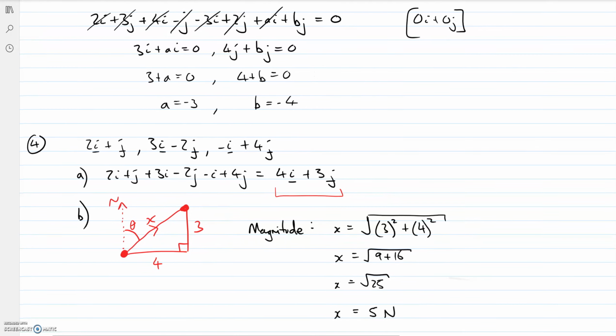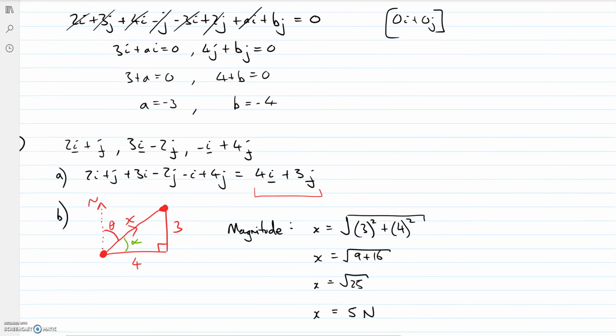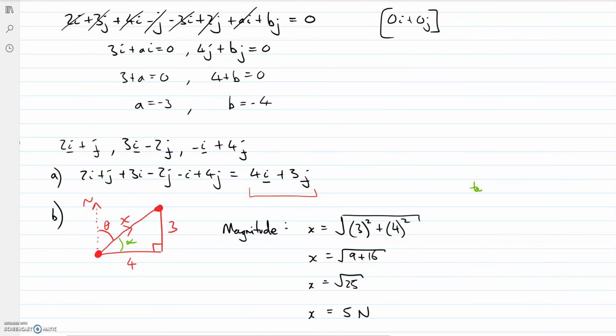Everything's in newtons. And the bearing, if we look at our right angle triangle, we can work out alpha using tan. So tan alpha is opposite 3 over adjacent 4. Take the inverse tan of both sides and you get 36.9 degrees to 1 decimal place.